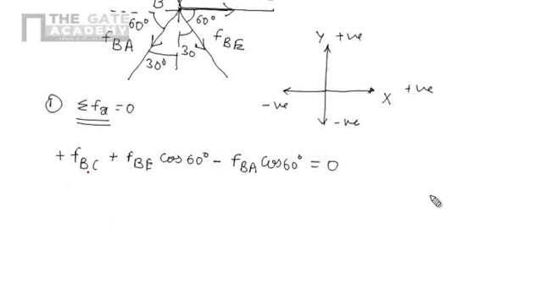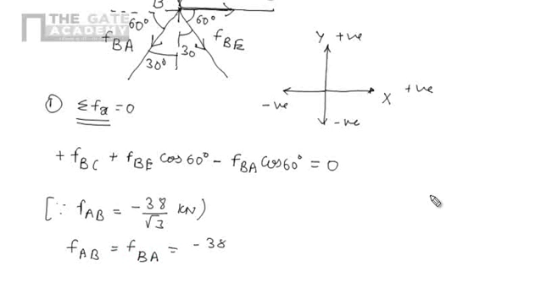So this is the first equation, and we know the value of FBA. Remember one thing, we know the value of FAB, which is minus 38 by root 3 kilonewton. If we say FAB, we can also write FBA, so both values will be minus 38 by root 3. We have to consider this value with sign.